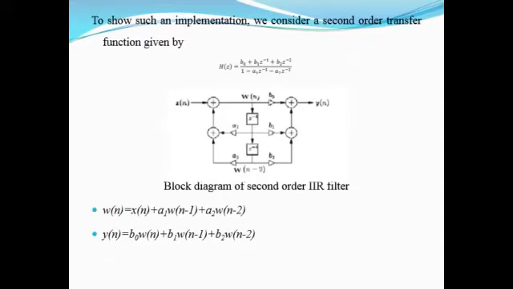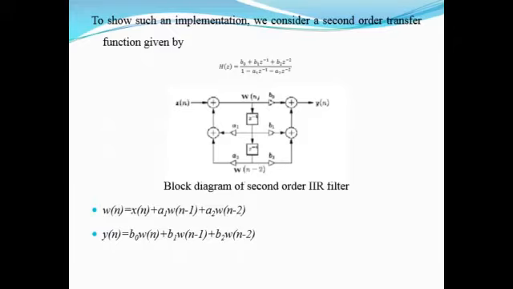This is a block diagram for a second order IIR filter, and this is the transfer function H of z. x of n represents the input, y of n represents the output, and this is the delay element involved in the block diagram representation. H of z will be b0 plus b1 z power minus 1 plus b2 z power minus 2.